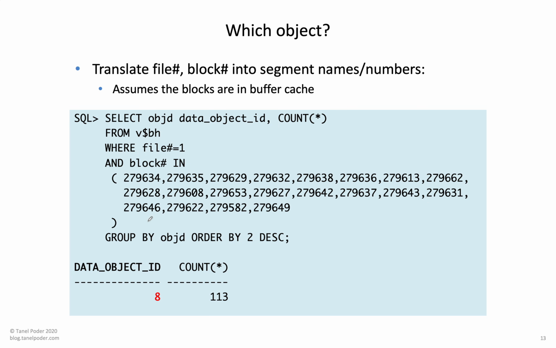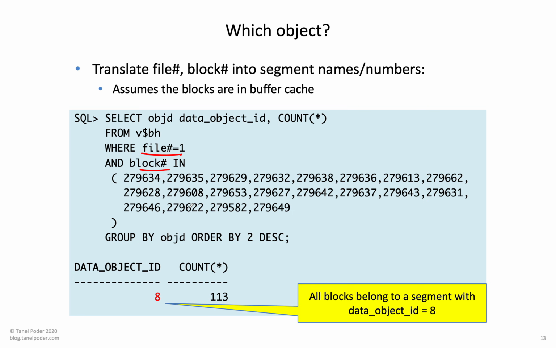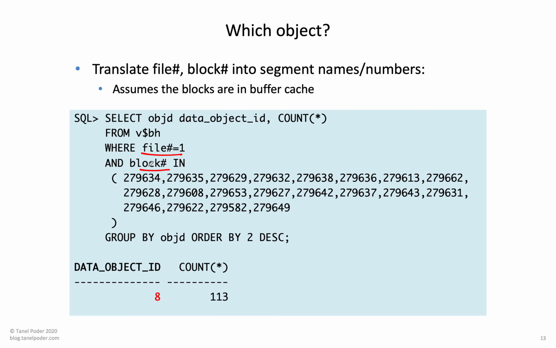And then I said, okay, show me, because one way is you go to DBA extents, right? Your typical query is that if you know the file number and block number, then you go and query DBA extents and see where it falls. However, it's often a long query, and if this block is so hot anyway, then it's probably in the buffer cache.